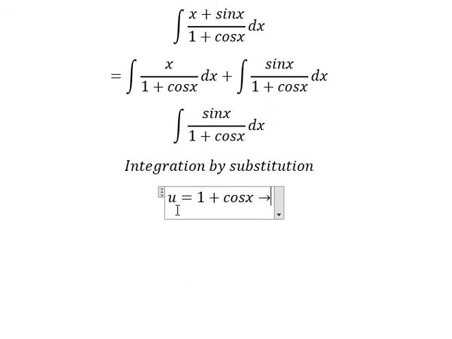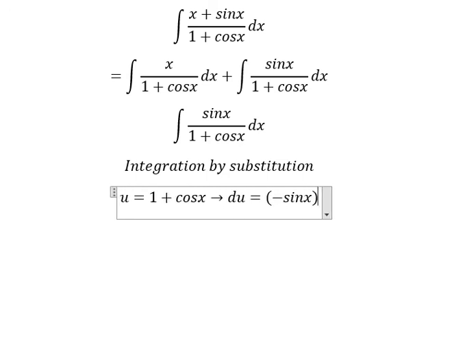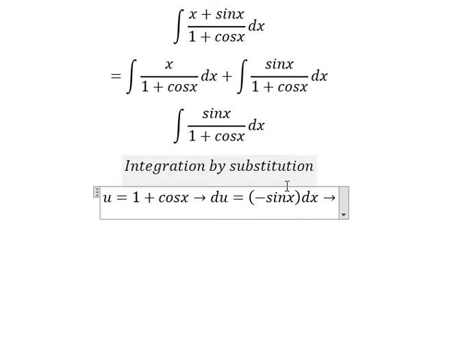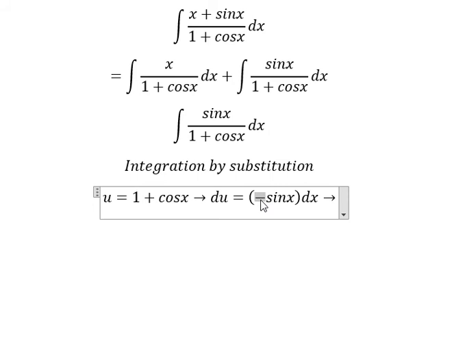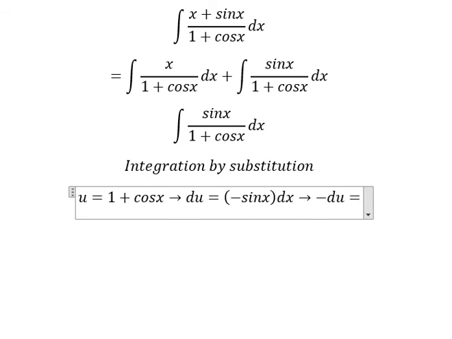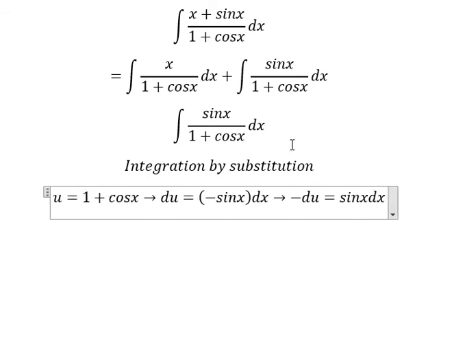Later we take the first derivative of both sides. The derivative of 1 is 0. The derivative of cosine x is negative sine x dx. Because we don't have the negative sign next to sine x, I will move the negative to the left, and we will have negative du equals sine x dx.